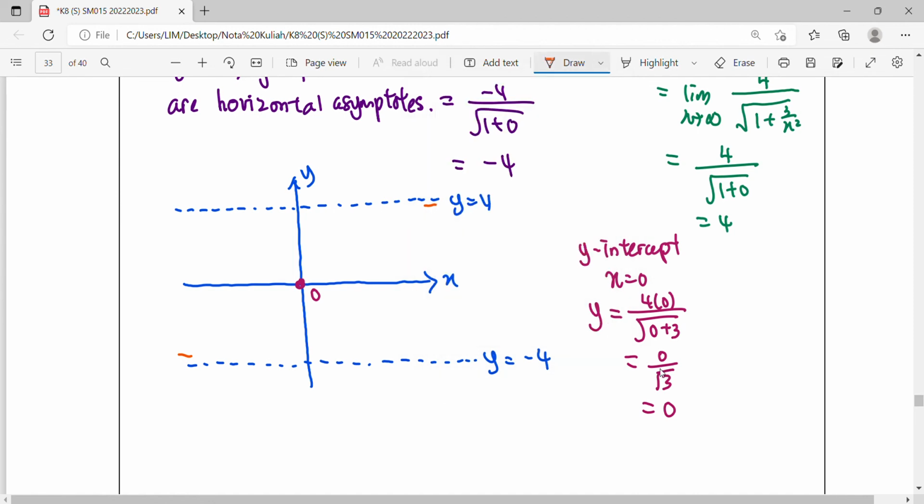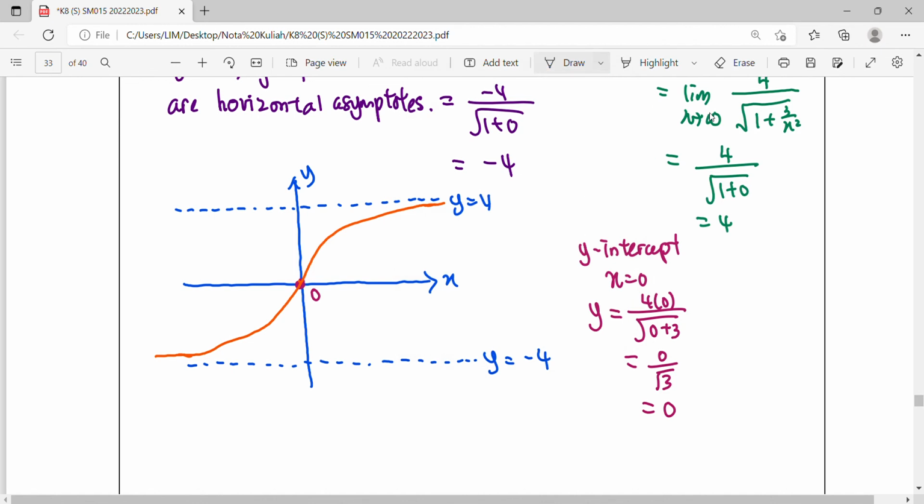So your curve, when your x approaches negative infinity, will go near to negative 4. When going to positive infinity, it will near to positive 4.